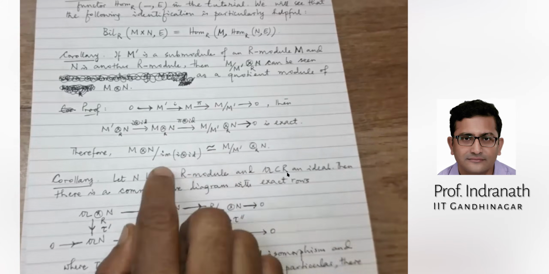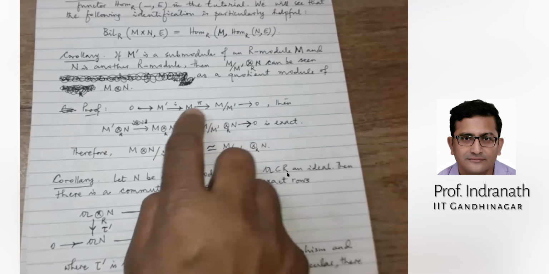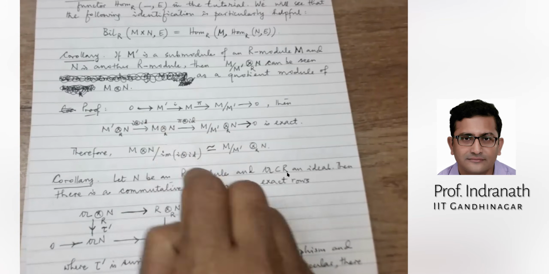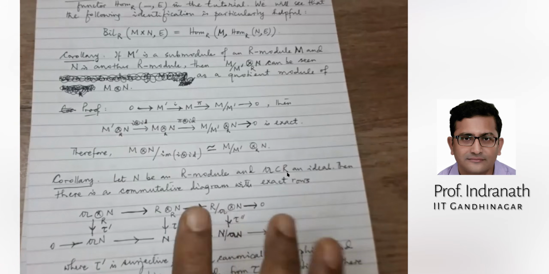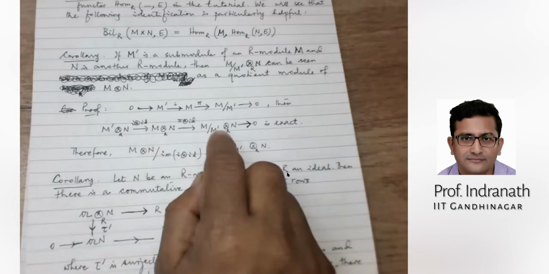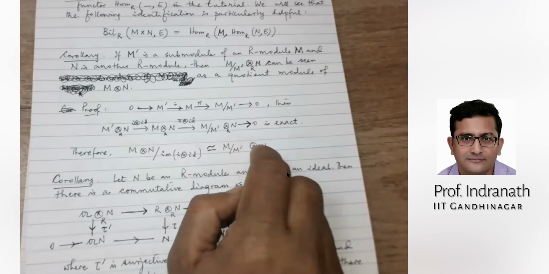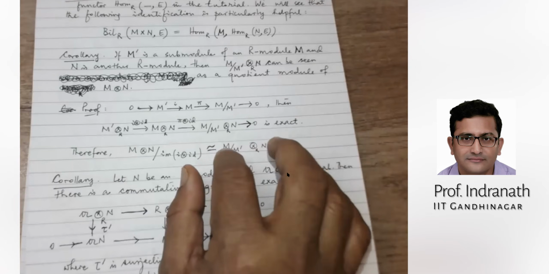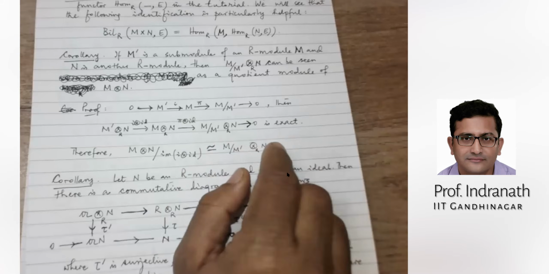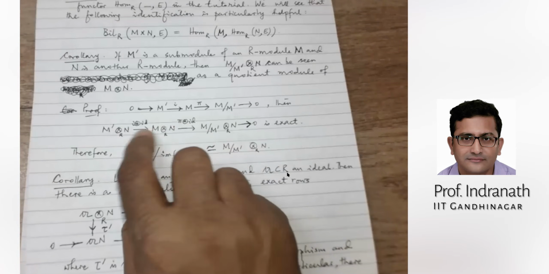If you tensor it with N, you know it is right exact, and therefore the image of this is equal to the kernel of this, and therefore M tensor N over the kernel is isomorphic to the image. So at most you can say that this is indeed a quotient of M tensor N. But you definitely cannot say that this is sitting inside it.